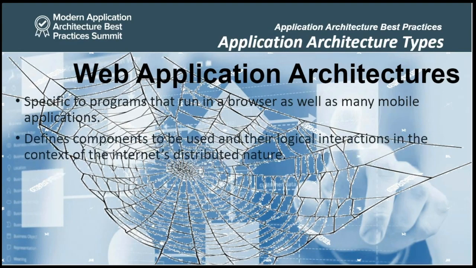So it defines the components to be used and how they interact with each other. And it takes fullest possible advantage of the distributed nature of the internet. That is to say, there are various things that various sites can do. And so a web application can simply reach out to those sites and grab use of that particular resource by simply using its universal resource locator, which you know better as a URL.